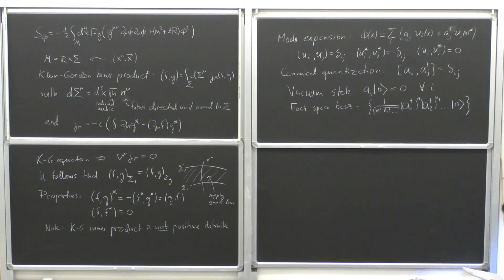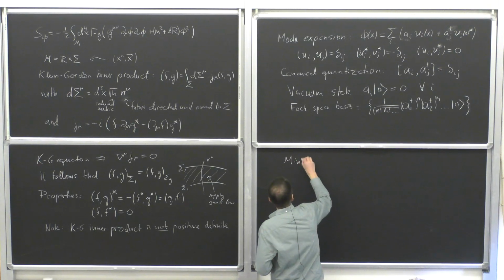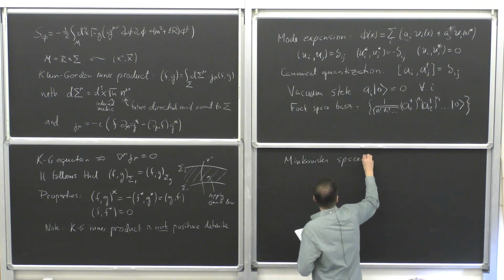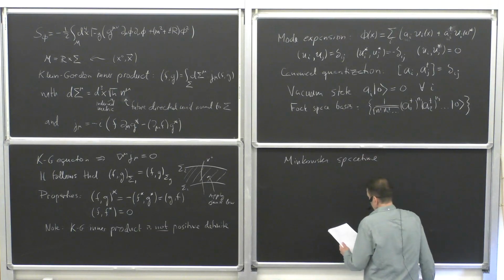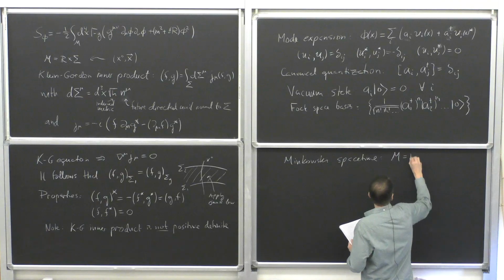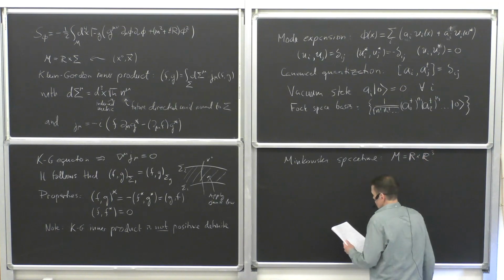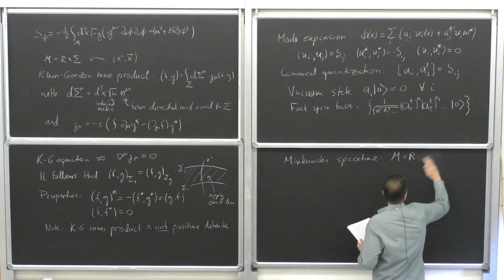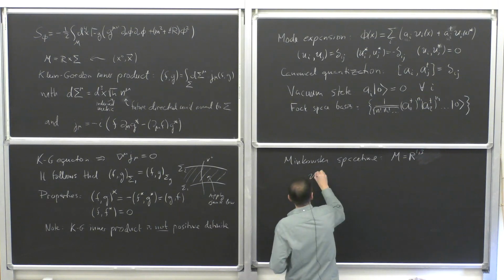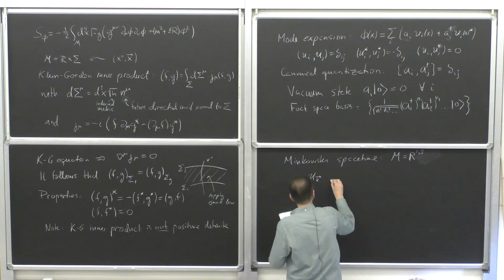Okay. But in Minkowski spacetime, of course, I do have plane waves. So this is when M is simply R cross R3, which I'll write R^{1,3}. And then my UK are labeled by a three-dimensional vector.